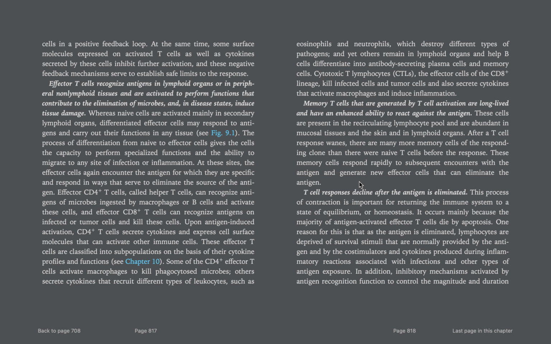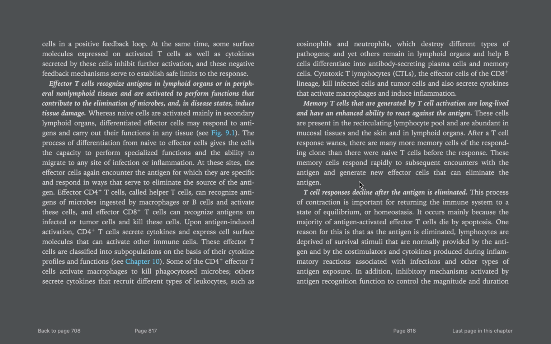T cell responses decline after the antigen is eliminated. This process of contraction is important for returning the immune system to a state of equilibrium or homeostasis. It occurs mainly because the majority of antigen-activated effector T cells die by apoptosis.